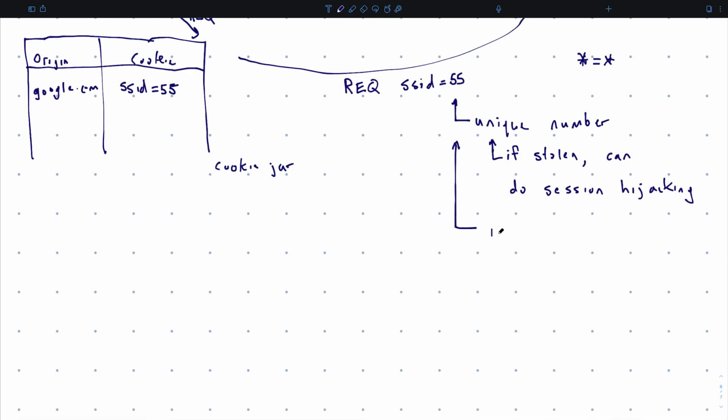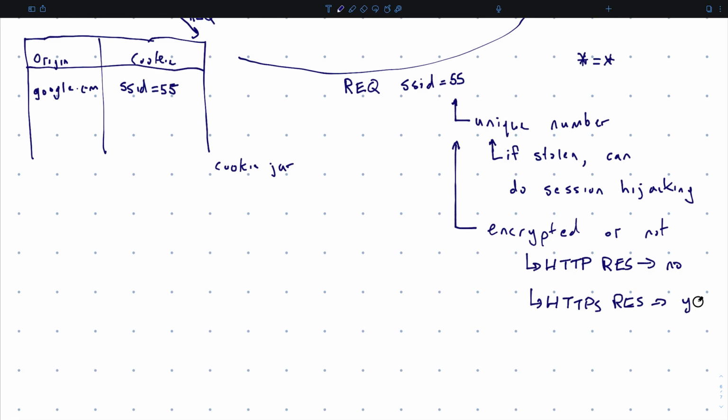Okay, so the question of whether they're encrypted or not. Basically, if the response comes over HTTP, then no, they're not encrypted. And if the response comes over HTTPS, then they are encrypted.